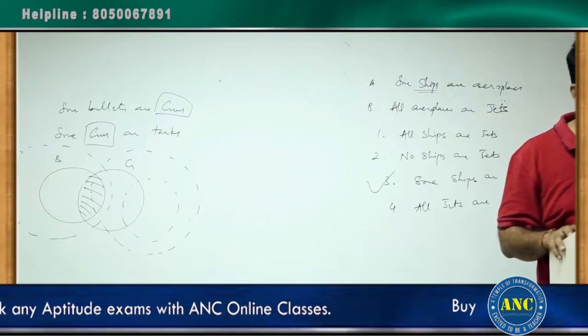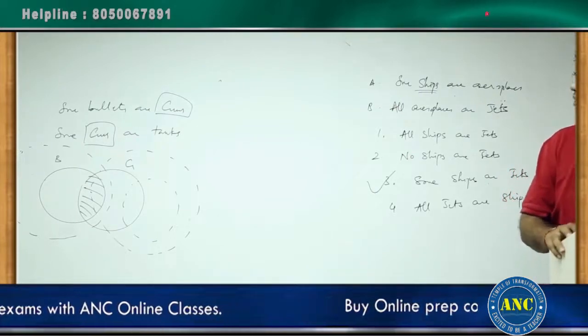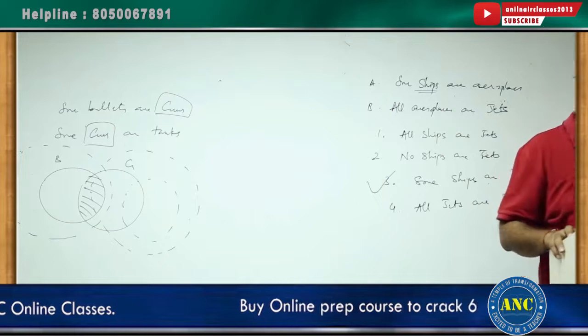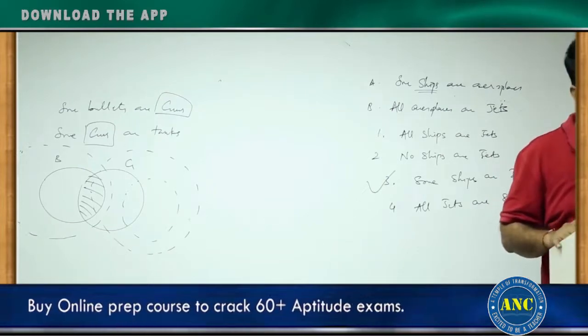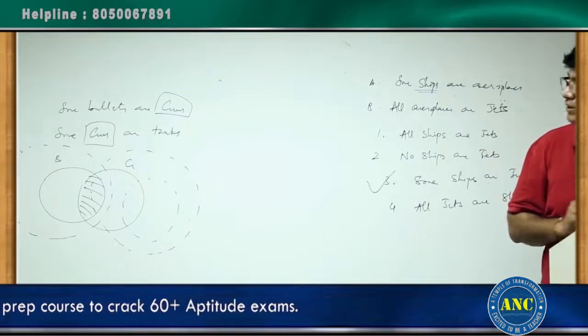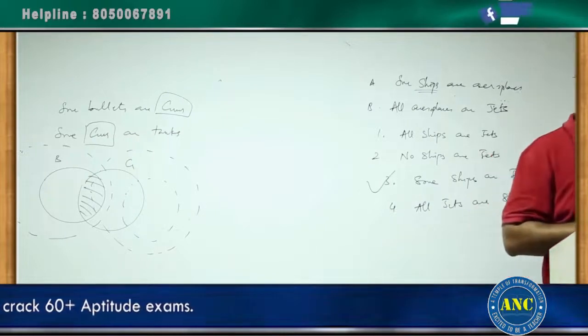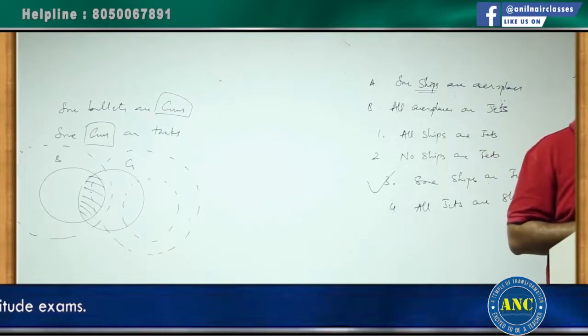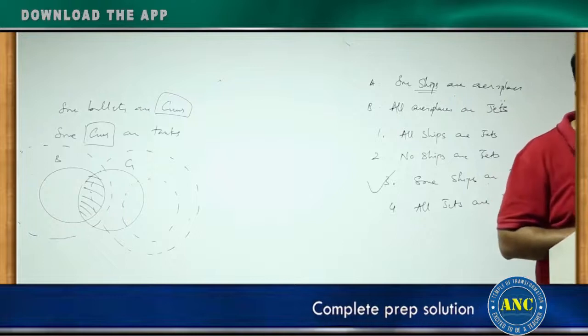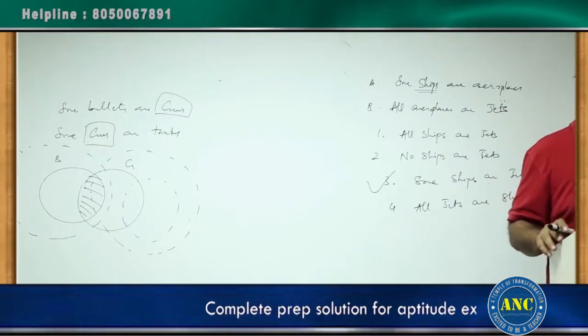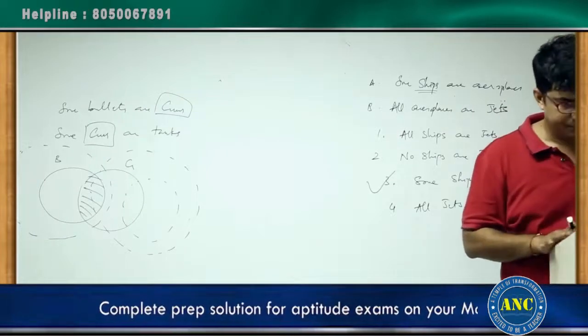In the choice, take A. Some bullets are tanks. We have already written this, but I want to take that example once again. Some bullets are tanks. No bullets are tanks.